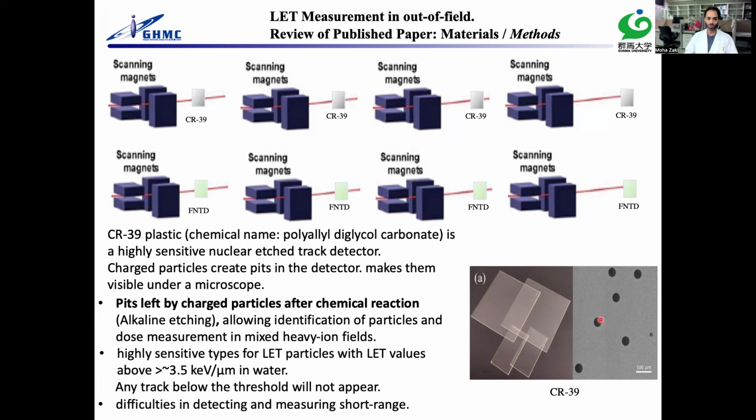And those pit spots can be observed with an optical microscope, allowing us to identify particles in a mixed heavy ion field and determine the dose delivered at each pit. Different sizes give us different information.